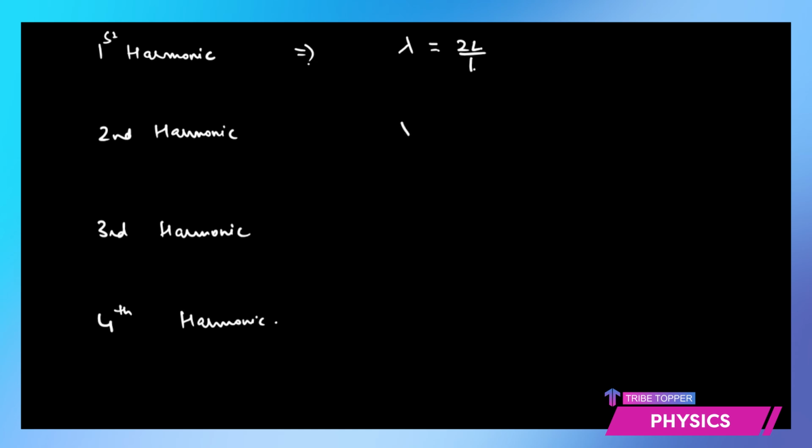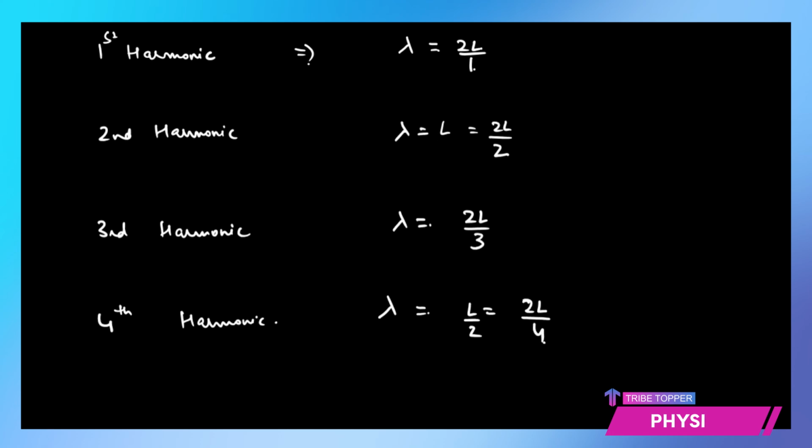For the second harmonic, lambda is equal to L, which means it is 2L over 2. For the third harmonic, lambda is equal to 2L over 3. For the fourth harmonic, lambda is equal to L by 2, which means it is 2L by 4.